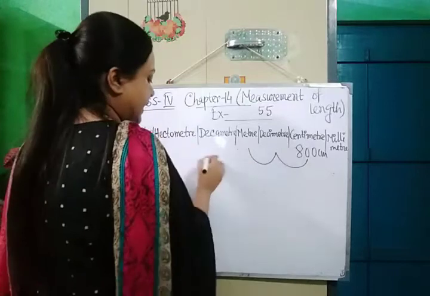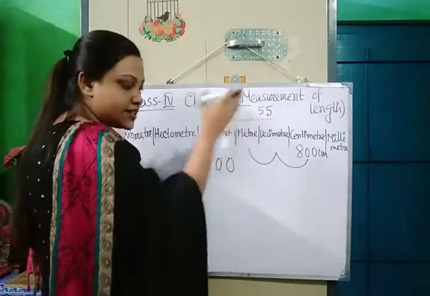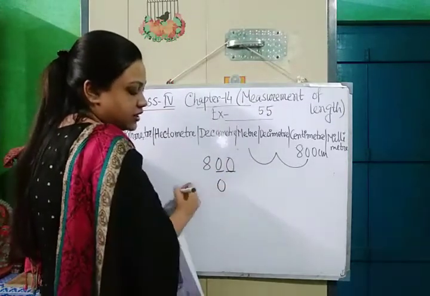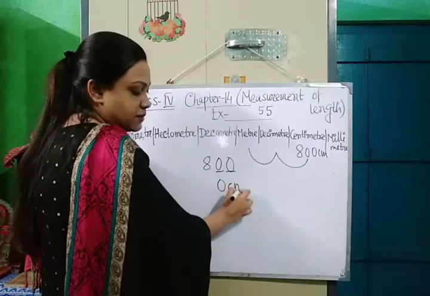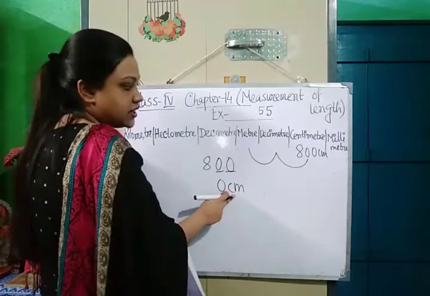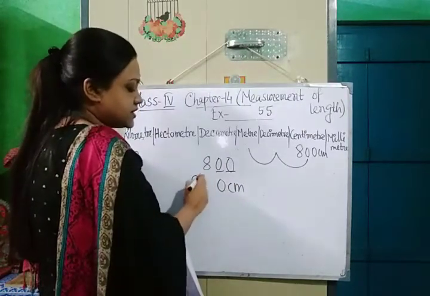So we will take 2 digits from the extreme right. 1 digit, 2 digit. So it will be 00 centimeter, because we are converting from centimeter, and the remaining number will be meter.